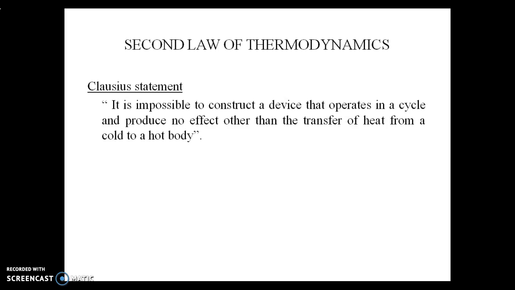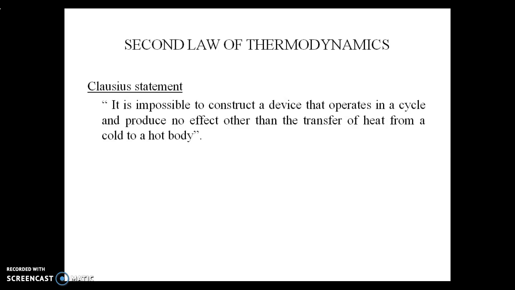This statement states that it is impossible to construct a device that operates in a cycle and produces no effect other than the transfer of heat from a cold body to a hot body.